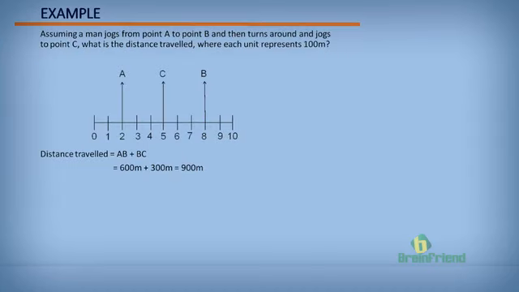Now, one more example. Assuming a man jogs from point A to point B and then turns around and jogs to point C, what is the distance traveled where each unit represents 100 meters? Now, this is a quick illustration of what he did. The man started from this point and jogged all the way to point B. On getting to point B, he turned around and came back to C, right here.